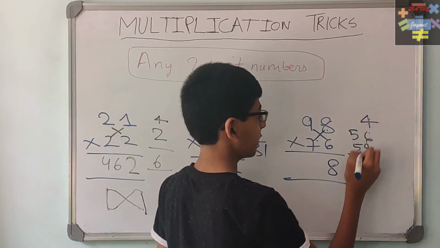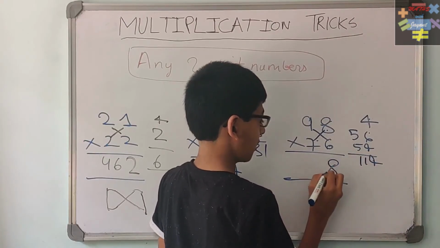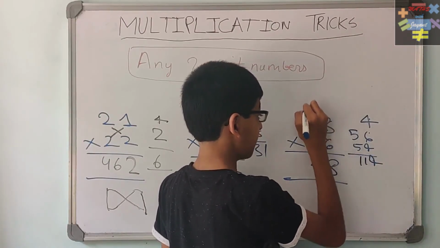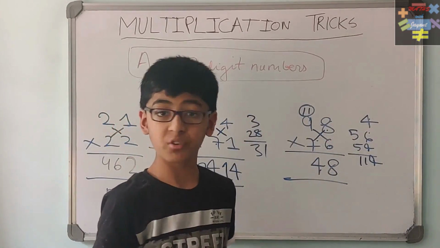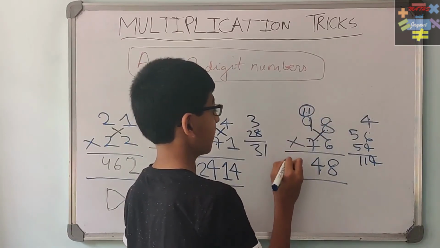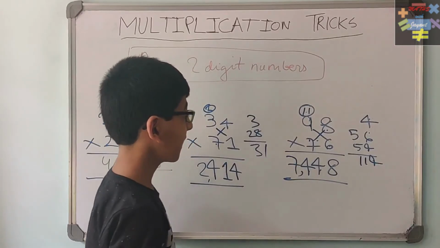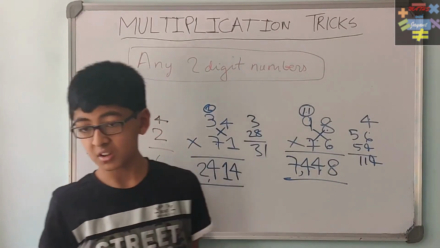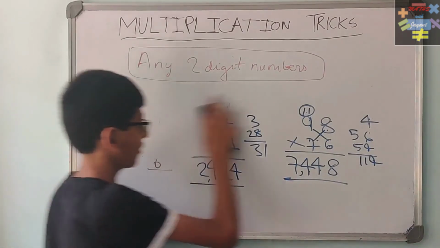We add them and like this we get 114. Now the 4 comes here, this 11 goes carry forward over here. 7 9s are 63. 63 plus 11 gives us 74. The answer is 7,448.